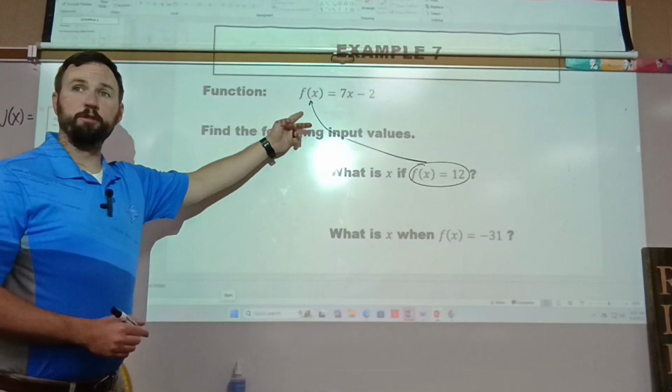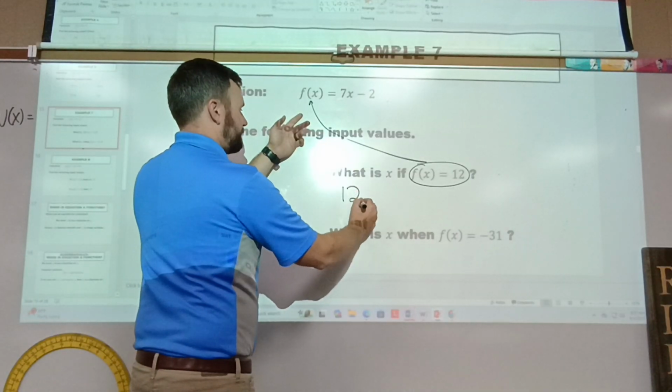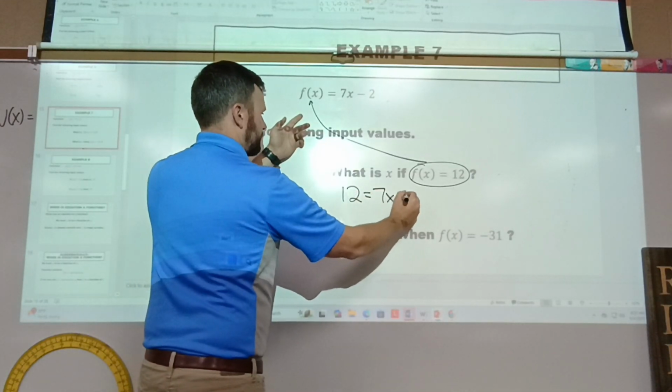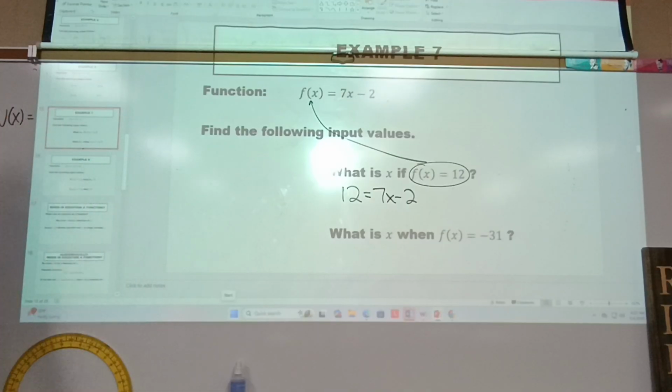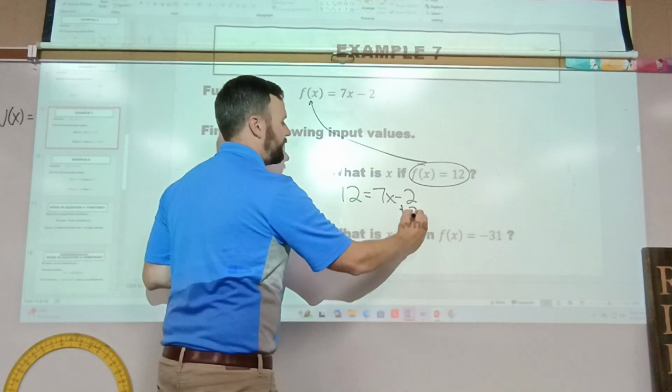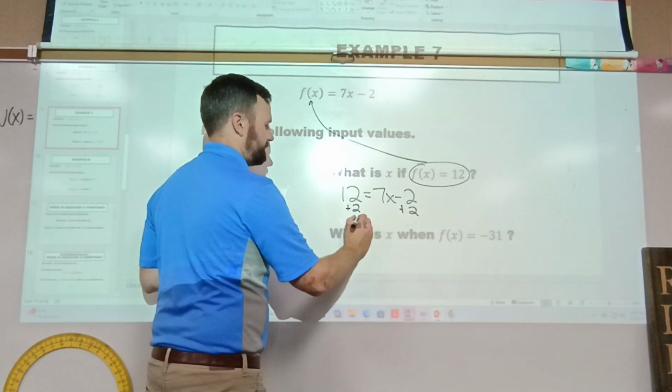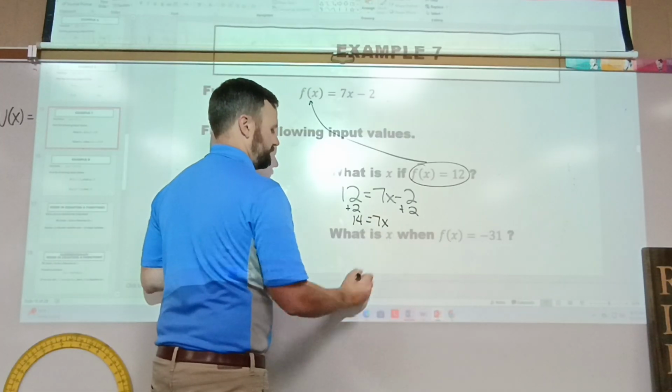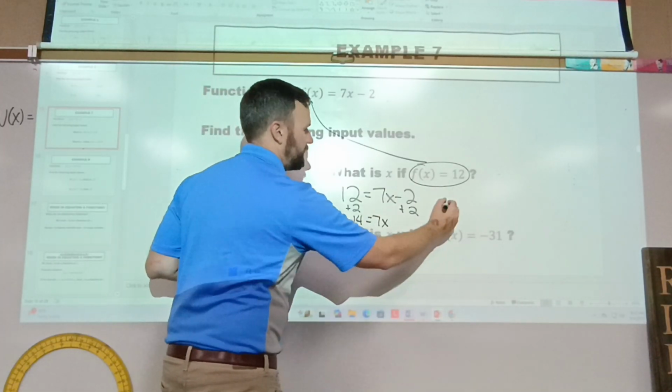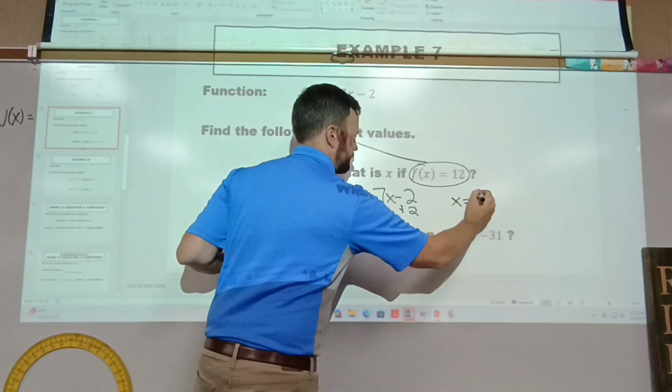Wherever I see f of x, I'm going to put a 12. Whenever something's equal to something else, I can plug them in for each other, right? And then it's good old-fashioned solving. So x would be 2.